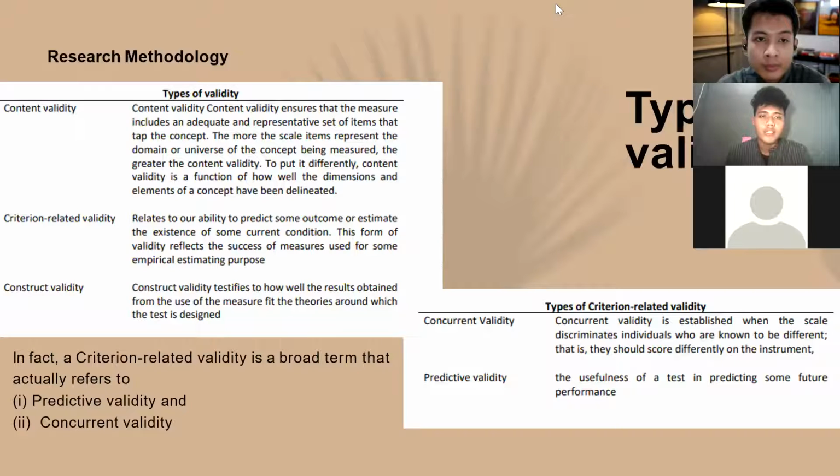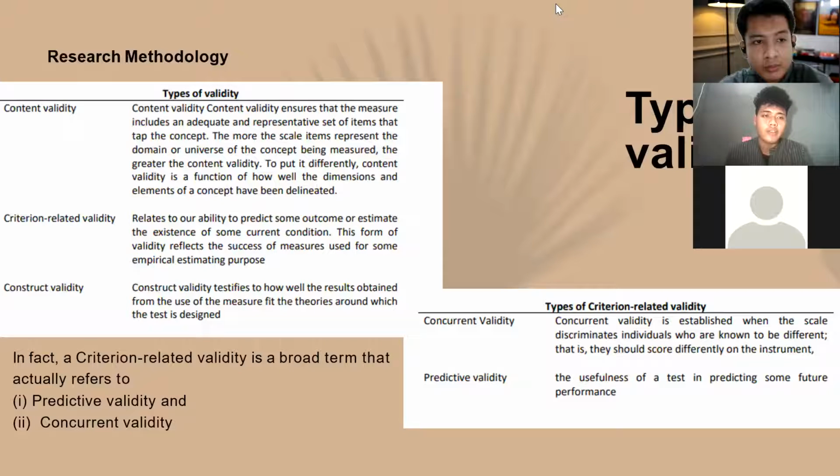The more the scale items represent the domain or universe of the concept being measured, the greater the content validity. To put it differently, content validity is a function of how well the dimensions and elements of a concept have been delineated.